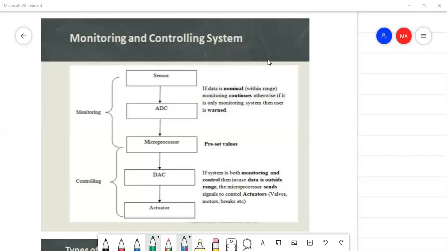Now move on. How might the question be asked in your past papers?